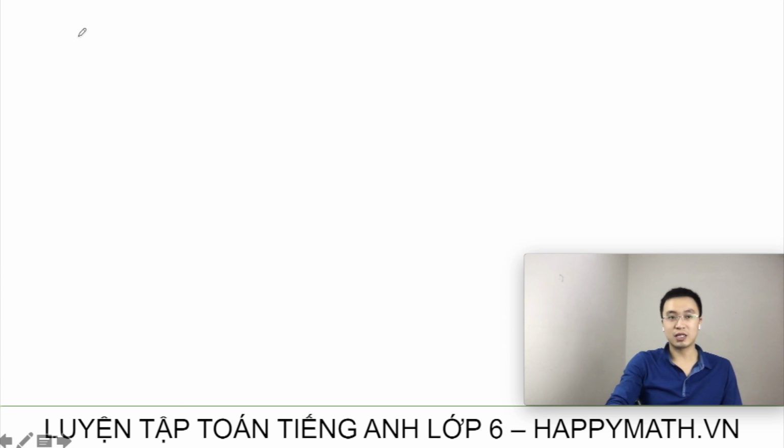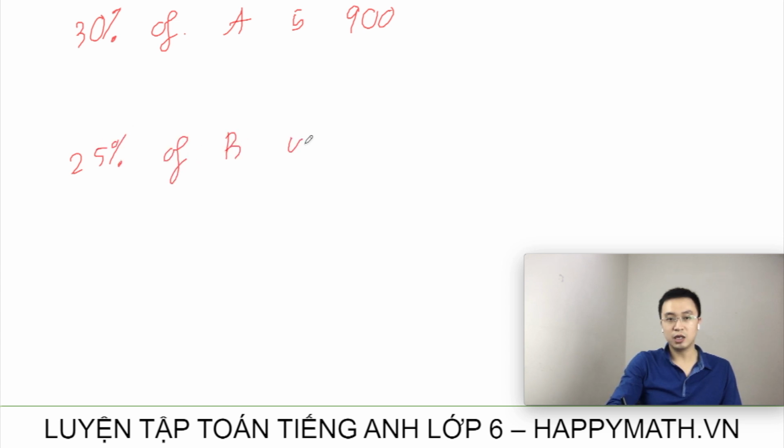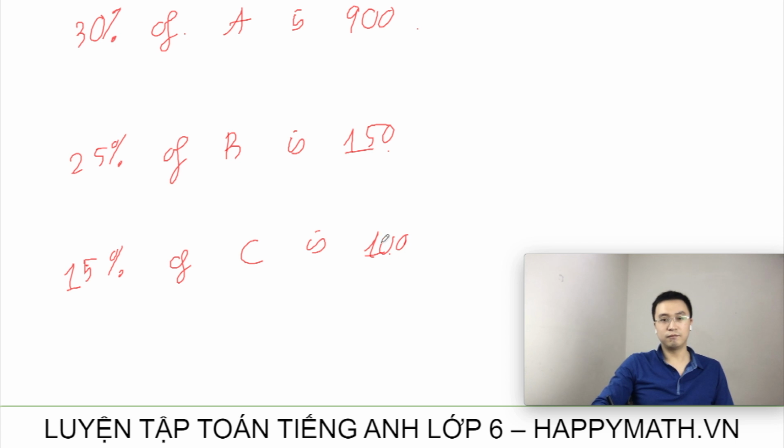I will take 30% of A, it has to be equal to 900, and 25% of B is 150, and 15% of C will be 150.